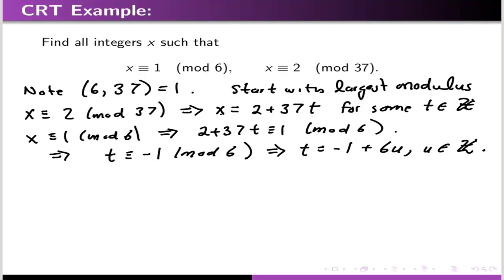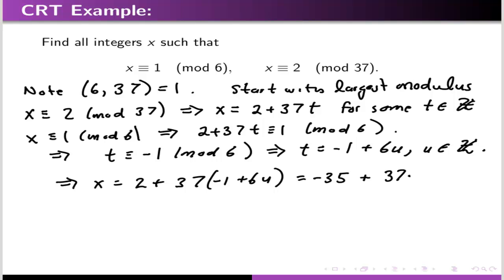And then I substitute that back in for x. So x is of the form 2 plus 37 times t, which is negative 1 plus 6u. And we get 2 minus 37, which is negative 35, plus 37 times 6u, where u is just some arbitrary integer.